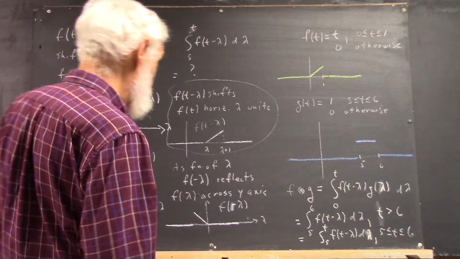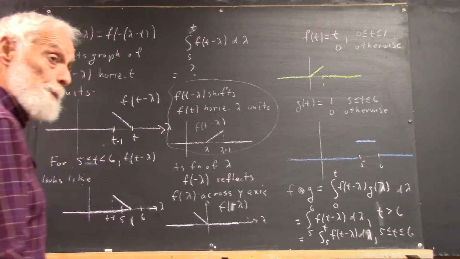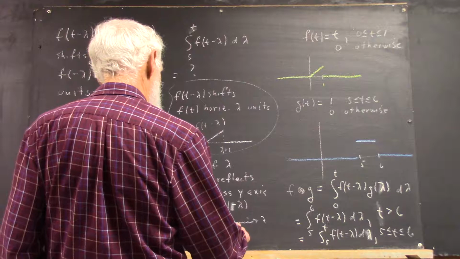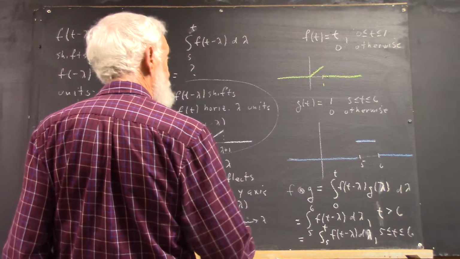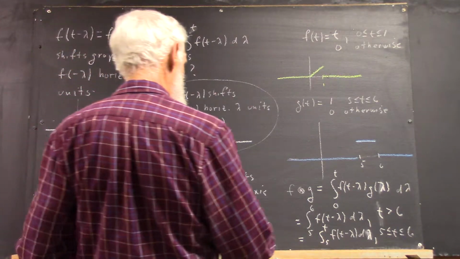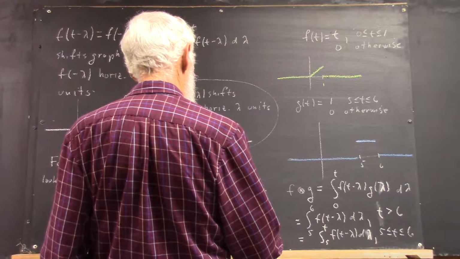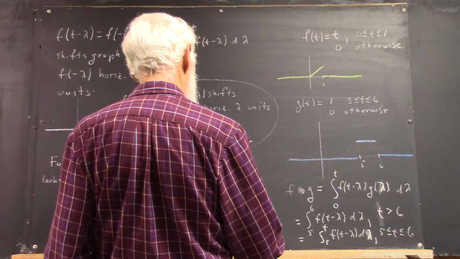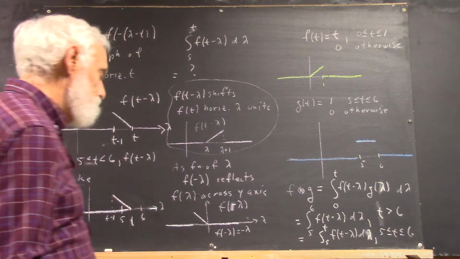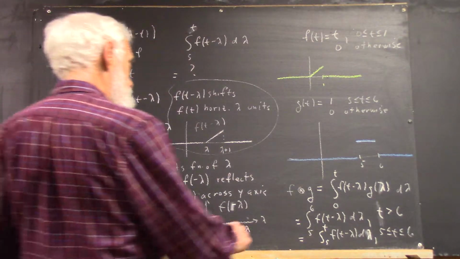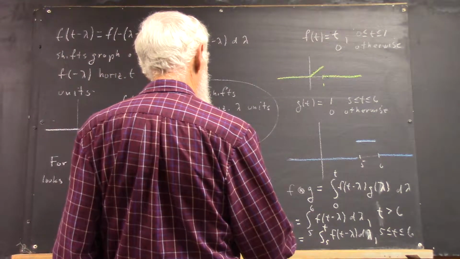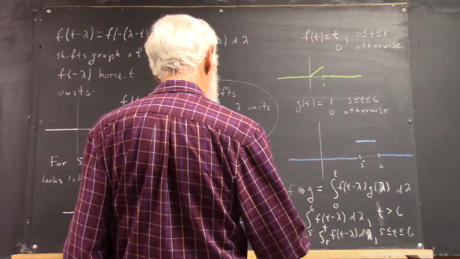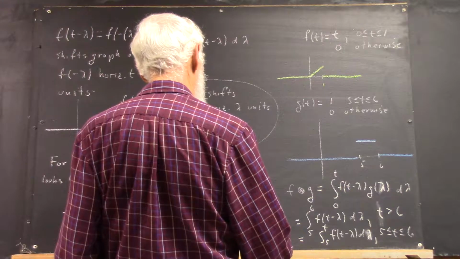And we could write this function. I didn't write it down because we're just getting a picture. But now that we have the picture, let's just notice that f of negative lambda equals negative lambda for negative 1 less than or equal to lambda less than or equal to 0, and 0 otherwise.